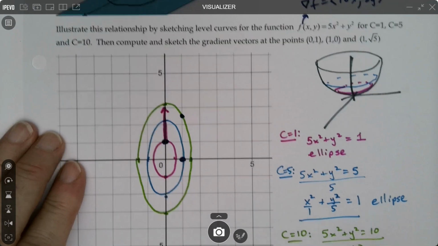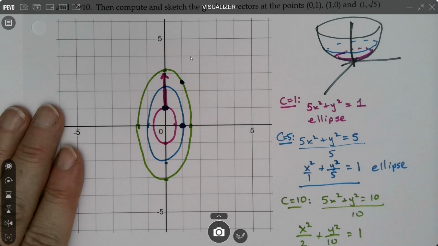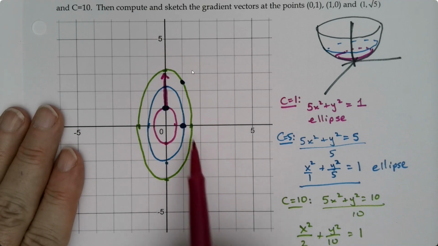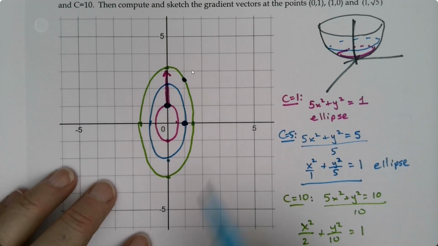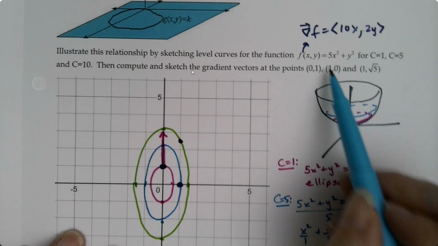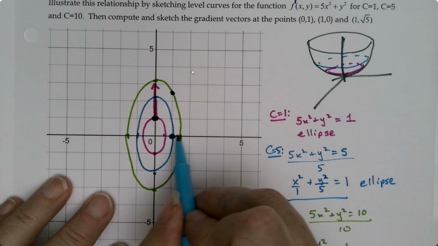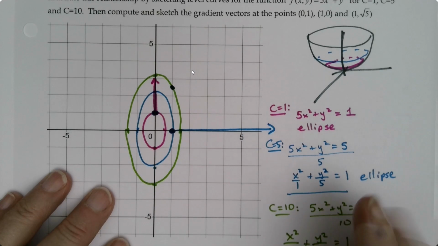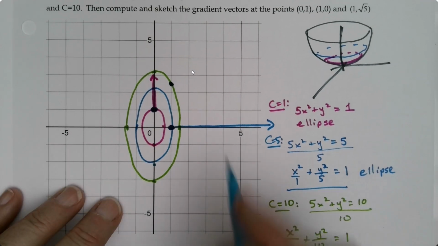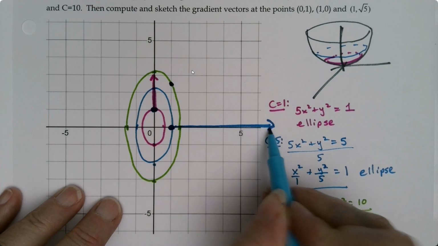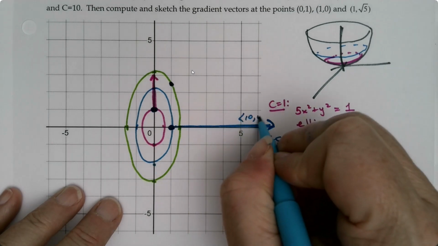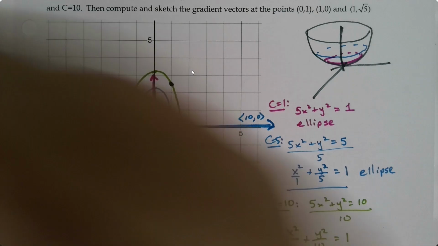All right, then at (1, 0), which isn't quite the blue one, but it's close. If I put (1, 0) in, that'll get me (10, 0), which is going to go way out past where I can see on this graph. But it's straight out to the right, (10, 0). That's the gradient, right?